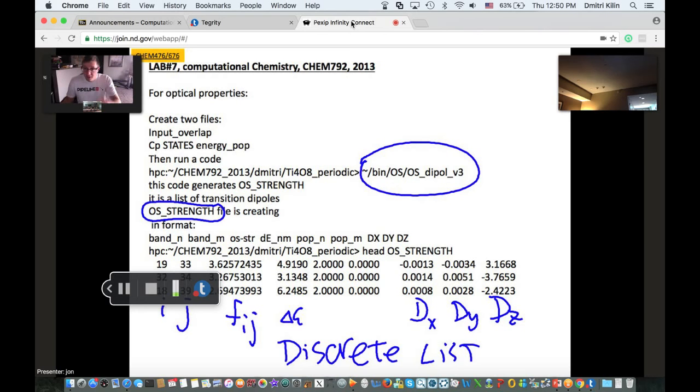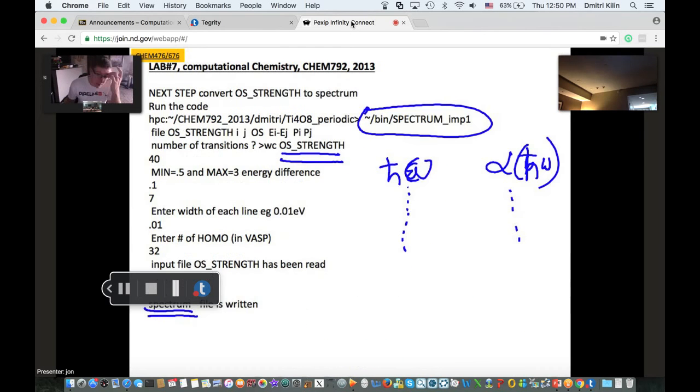Okay. Well, anyways. So once we have this ranking of oscillator strength files for all possible transitions across the bandgap, the next thing we want to do is convert that into a file with the absorption spectrum information.